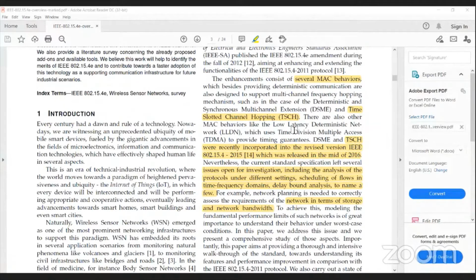It is deterministic because you know when you will get access to the channel. To that extent, you are deterministic. But to say that you get it, let us say, every 1 minute, does not mean low latency, because if your application requires a 10 millisecond actuation, a 1 minute access to the channel is not going to help you. Therefore, be very clear about deterministic MAC and low latency MAC.